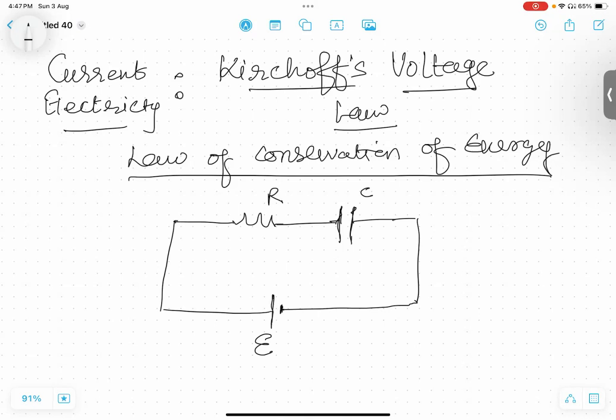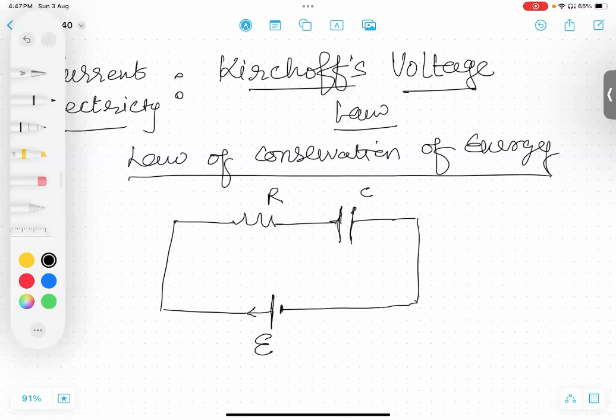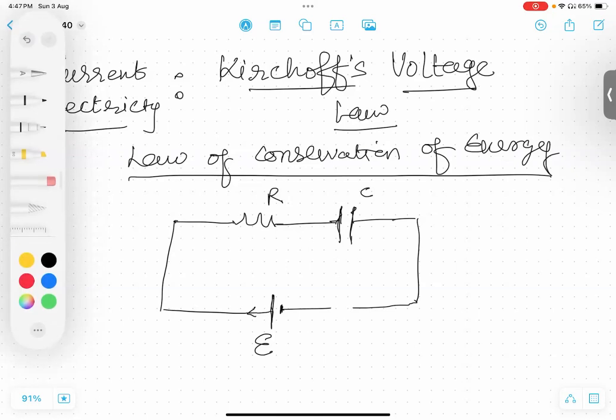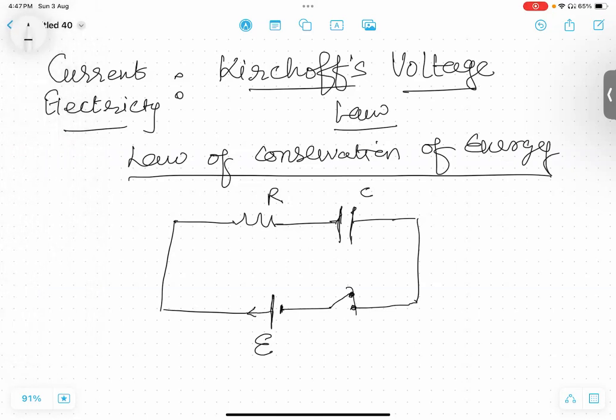In this battery, the current will originate from the higher potential, and let's make a key as well. I am making a key here, and I'm closing the key at time t equals 0.